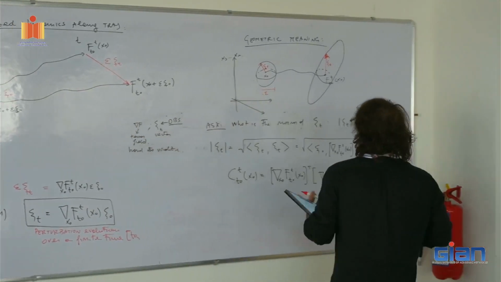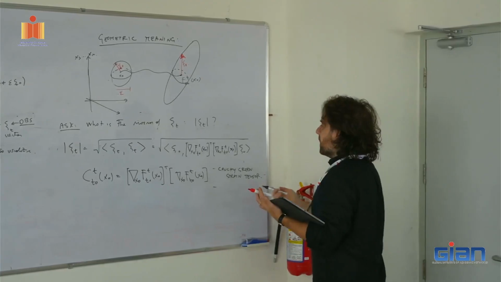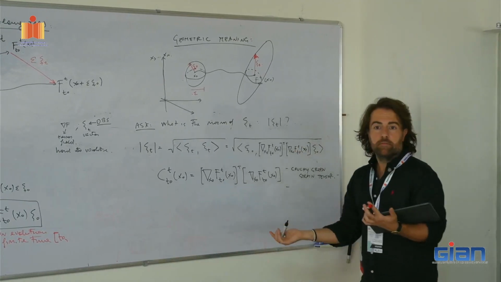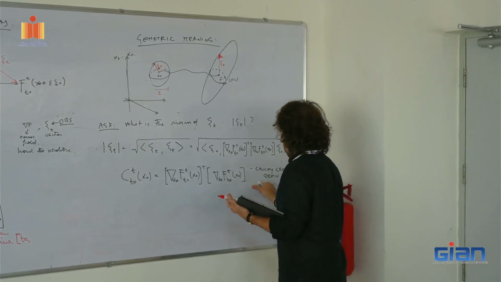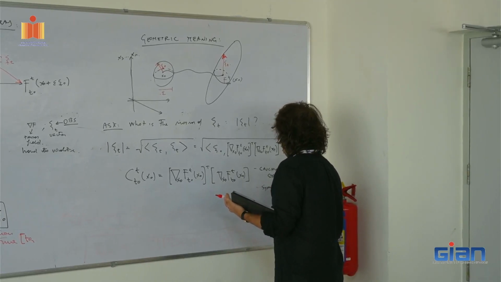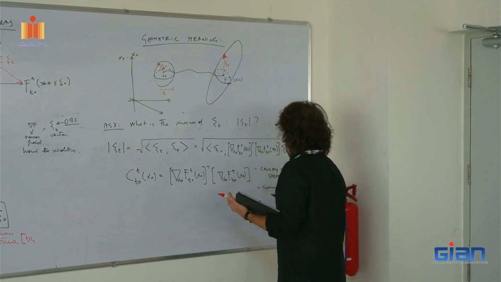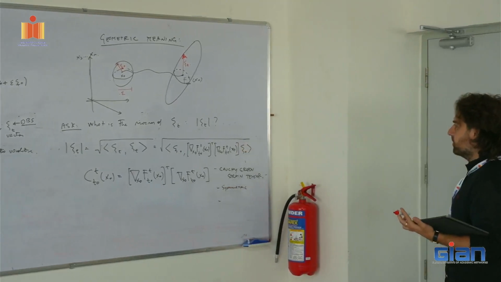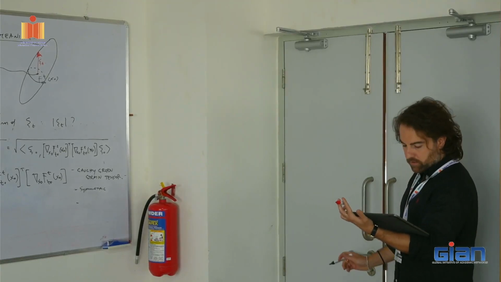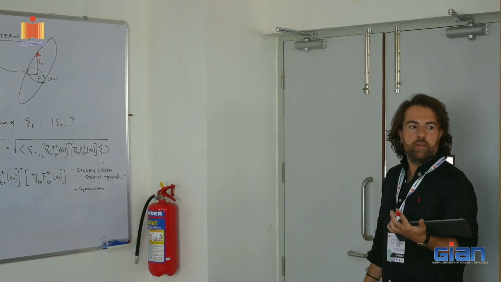Now, this is interesting because this tensor has nice properties. It's symmetric. So C is symmetric. Do we also know a little more? Is it positive definite or negative definite, semi-definite? What is it? Why?